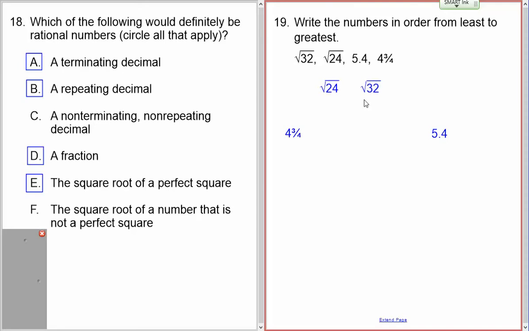Let's see, 5 times 5, 5 being more than 4 3/4 and less than 5.4, would be 25. So this is really close to, well, it's definitely less than 5. It's really close to 5.